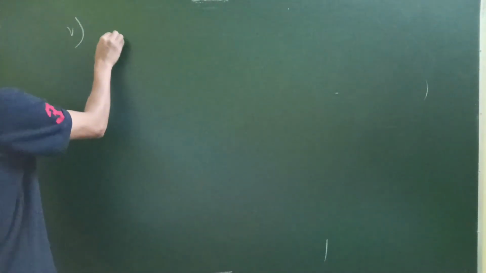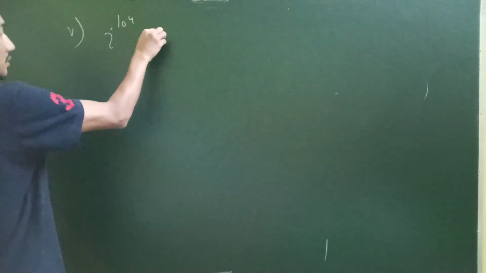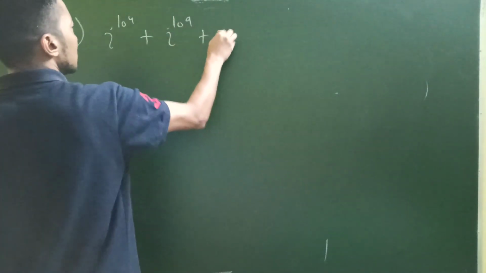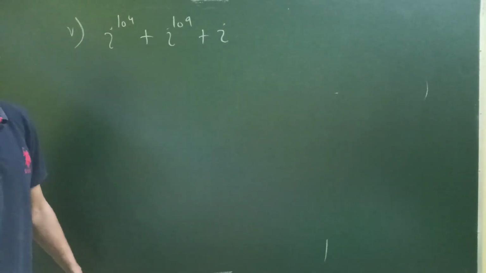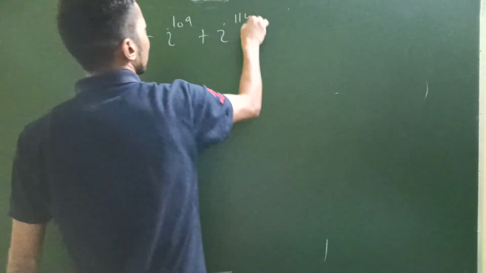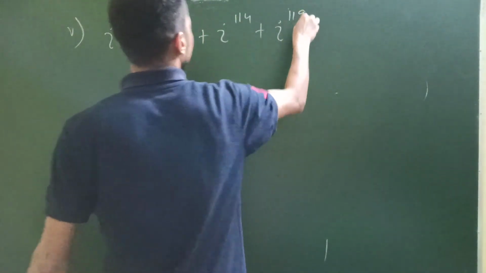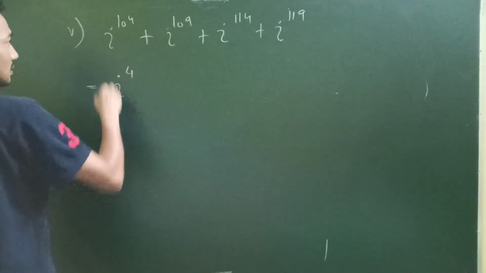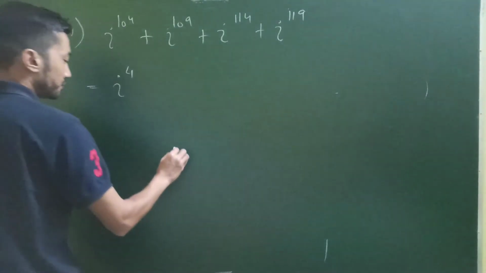That is number 5. So let that question be i^104 + i^109 + i^114 + i^119. So let's try to solve this. Let's try to get multiples of 4. So this one, how can we write 104?